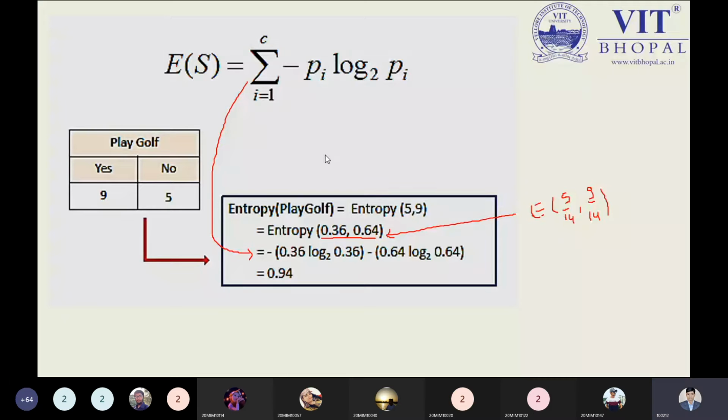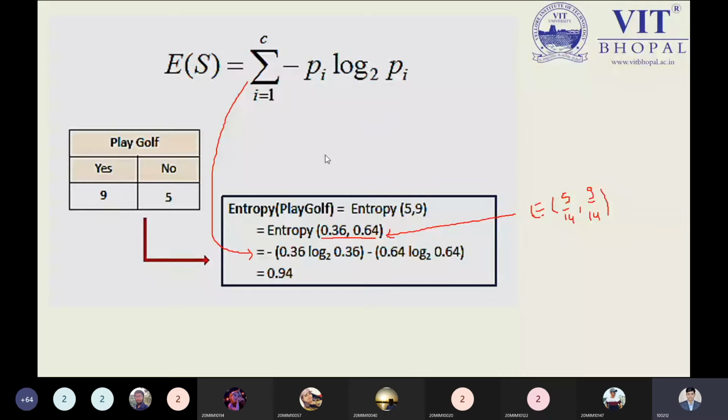So what value can I put? 0.36 into log base 2 of 0.36. What is the formula? The summation of p into log p, and we have to use the minus symbol, and that is the point you have to understand.